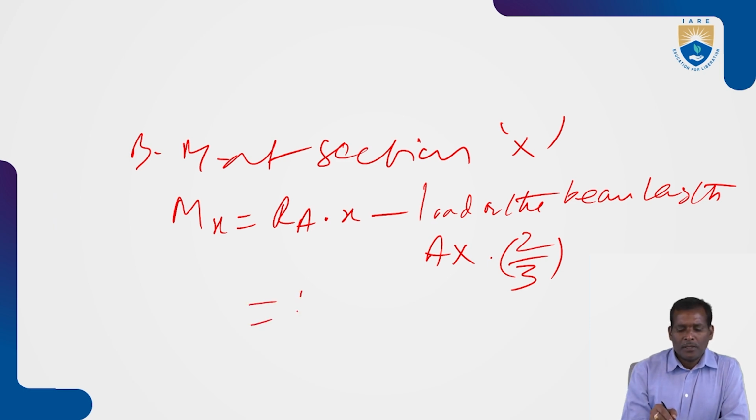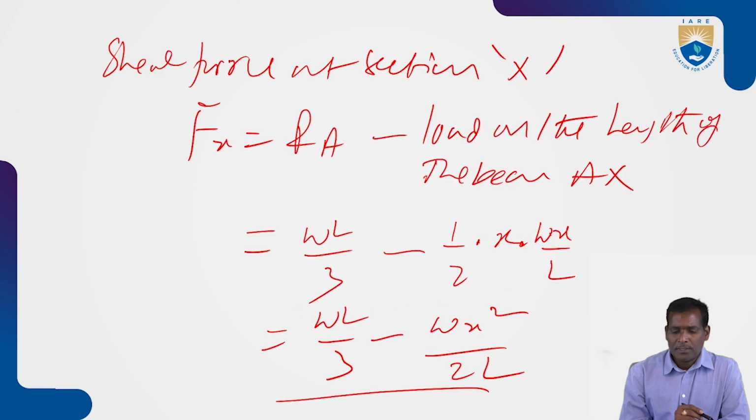So RA is WL by 3 into X minus the load on the beam length AX.